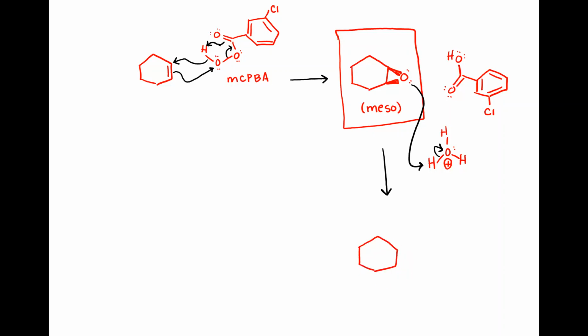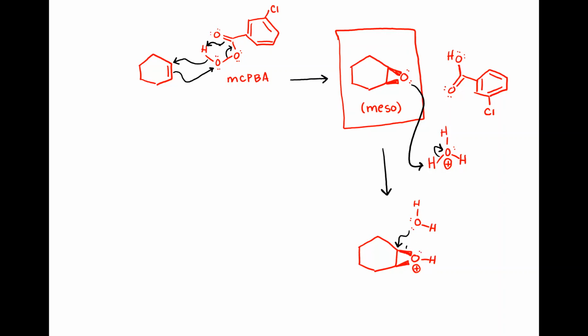That actually makes the carbons attached to that positively charged oxygen even more electrophilic than they were before. And so if it's very electrophilic, even a weak nucleophile, such as water, can be successful at doing a nucleophilic attack.